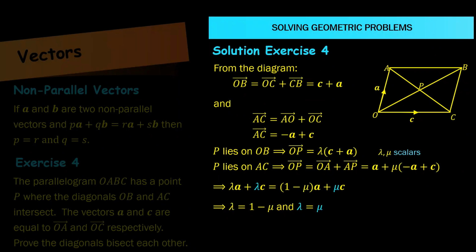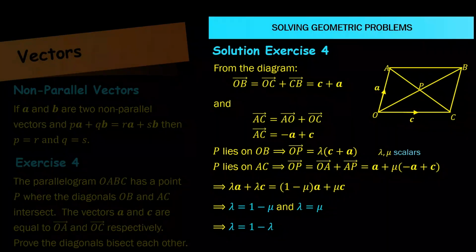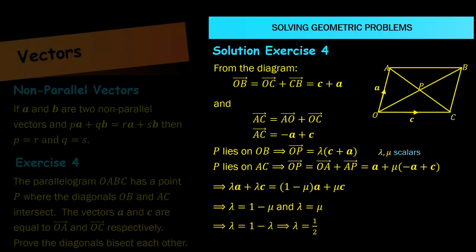And so we have from both these equations that lambda equals 1 minus lambda. Rearranging this gives us that lambda equals a half. And since lambda equals mu, we have that mu equals a half also.